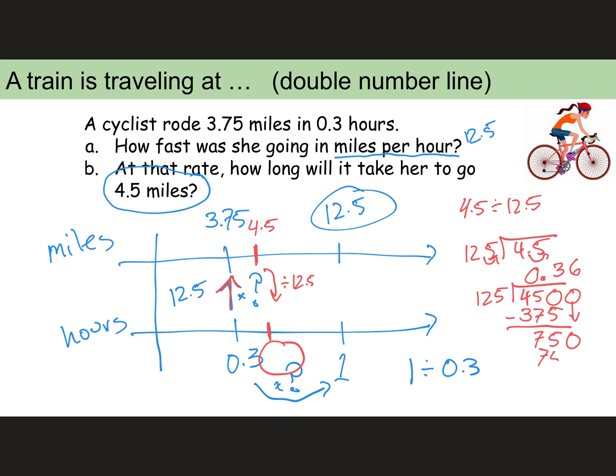And there's no remainder. 6 times 125 is also 750, so I have no remainder. So actually, here's my solution. I know this is 0.36. I know it'll take her 0.36 hours to go 4.5 miles.